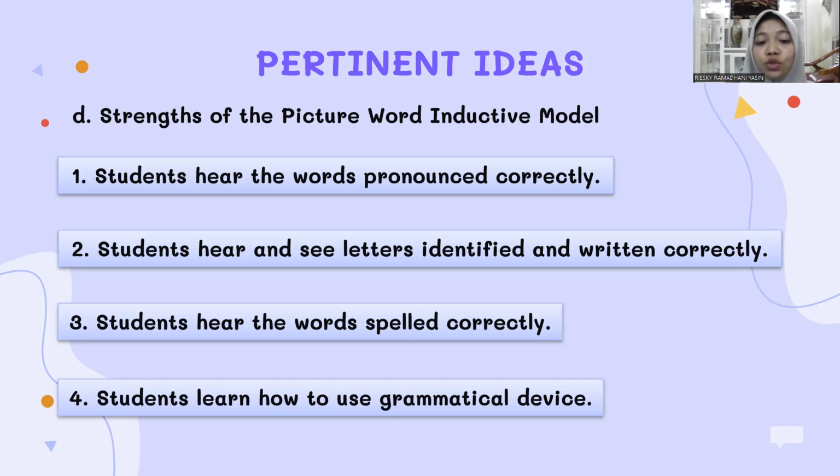The teacher can choose to emphasize almost any sound and symbol relationship. The second strength is students hear and see letters identified and written correctly many times. The third is students hear the word spelled correctly many times and participate in spelling them correctly.